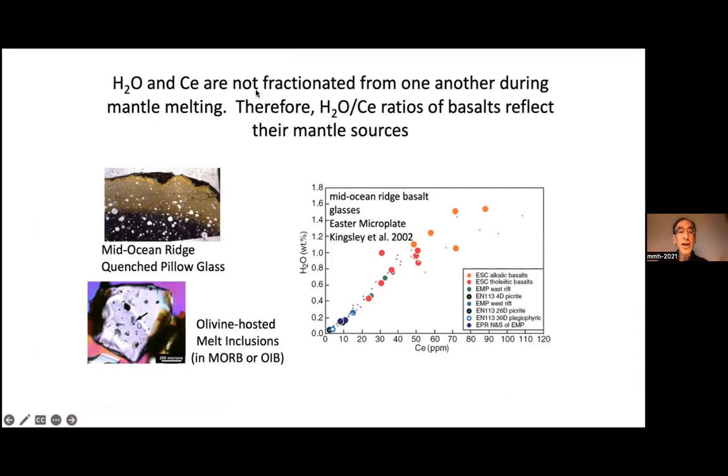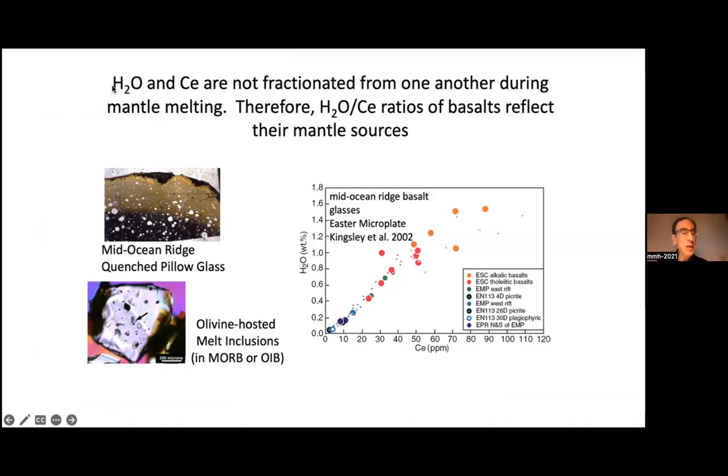Moving to the interior, how are we going to determine the water concentration or the carbon concentration in Earth's mantle? The way that I have gone about this follows what other people have done, but there's an important distinction, which I'll point out in just a moment. And that is to take advantage of the empirical similarity in the behavior between water and the rare earth element cerium during partial melting of the mantle.